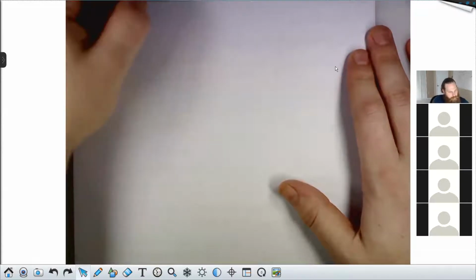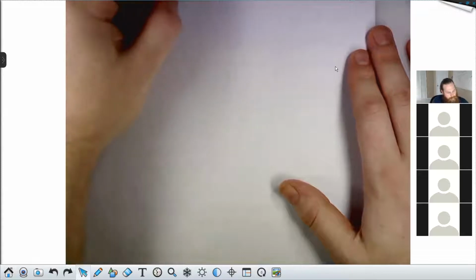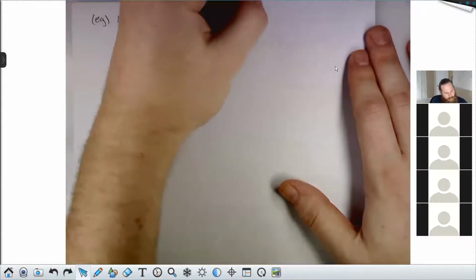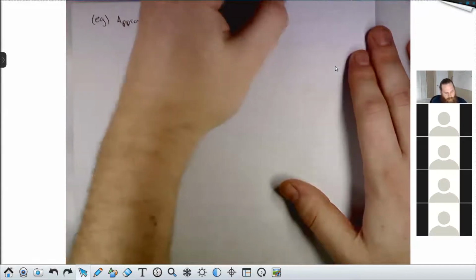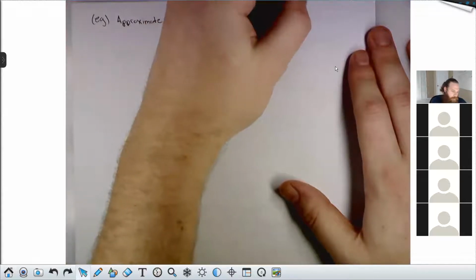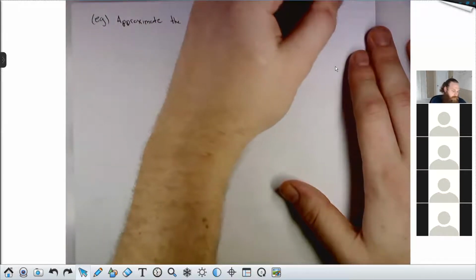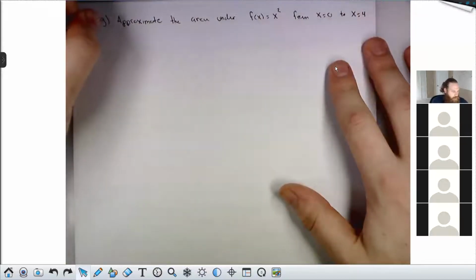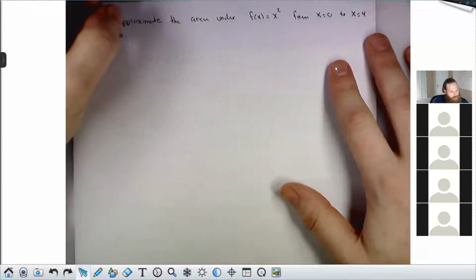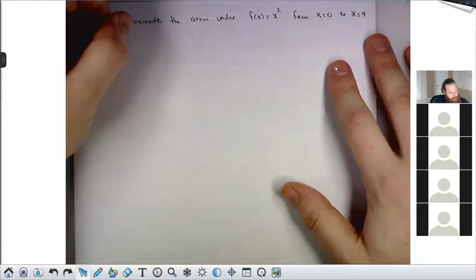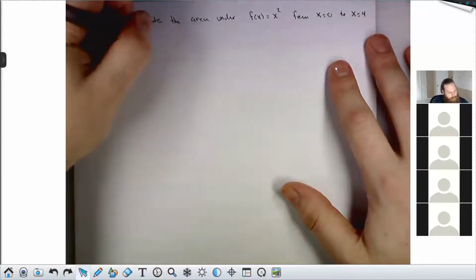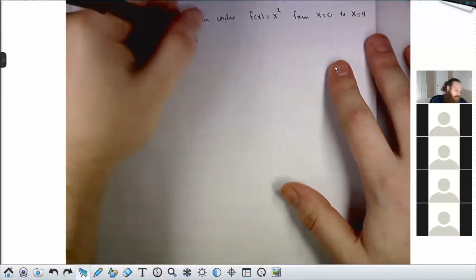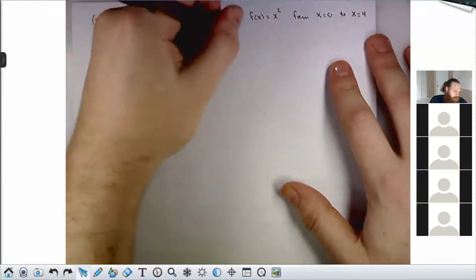Let's approximate the area under f of x equals x squared from x equals 0 to x equals 4 using right endpoints and just 4 rectangles.